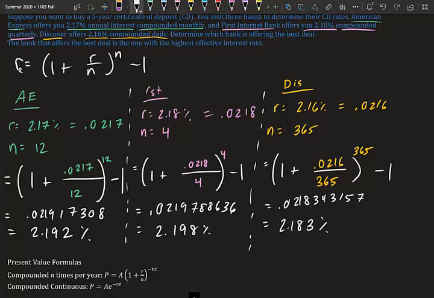So the rate, if you narrow it down day to day and compare them all, the best rate is 2.198%. So First Internet Bank has the best deal.